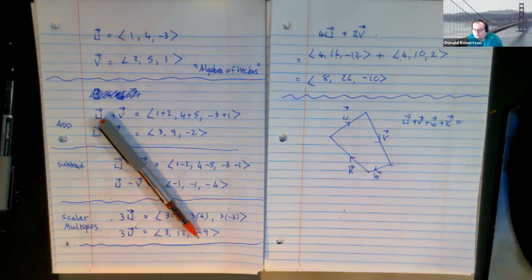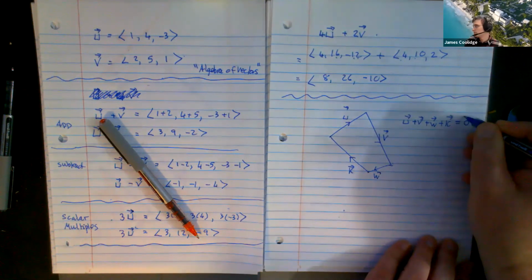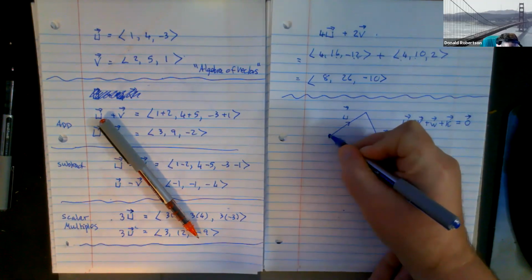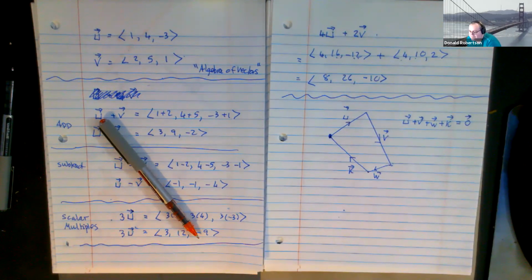What does that add up to based on the picture that you can see here? Zero. The journey started here, but didn't it also finish here? So won't the net effect be to start at a point and finish at the same point? Isn't that essentially what a zero vector is? You don't go anywhere. Are we okay with that basic idea?